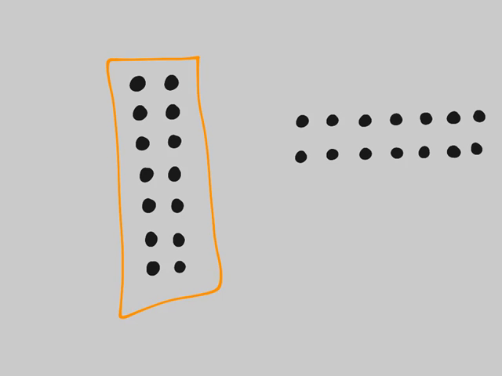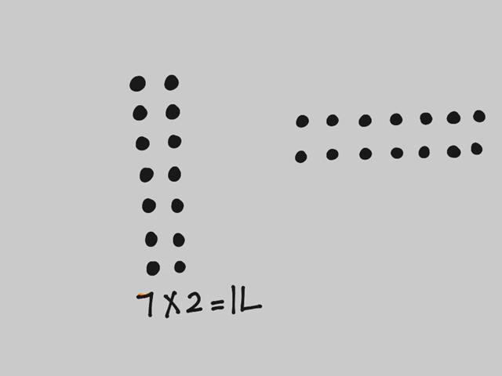Okay, so this is an array that represents 7 times 2 equals 14, and this is the array that represents 2 times 7 equals 14.